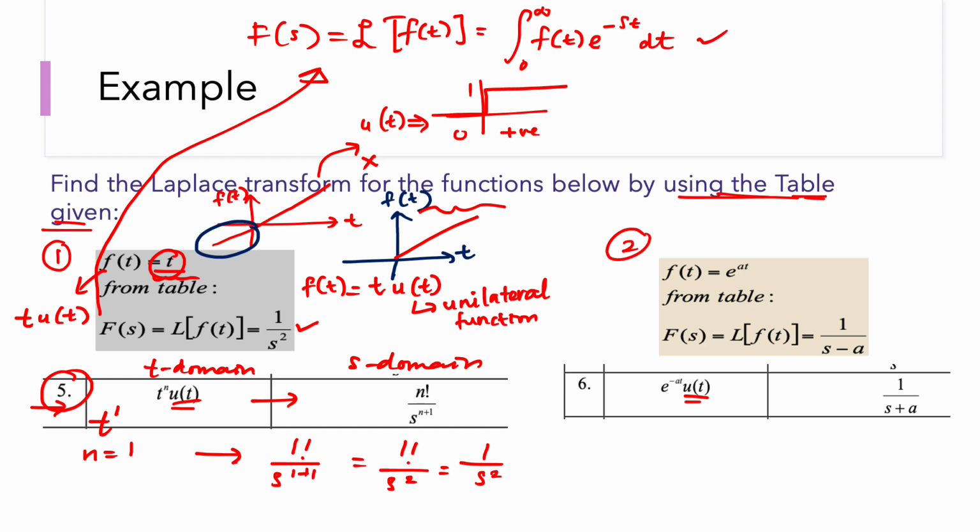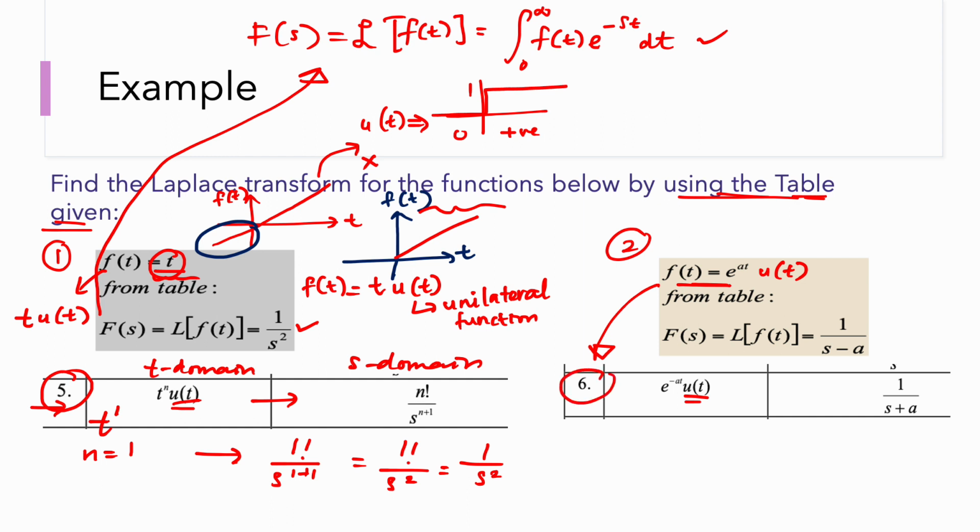Another equation, f(t) is equal to exponential at. Same as before, we will multiply with u(t) because we will only consider it from the positive side. So we multiply with the unit step, exponential at u(t), and we need to refer to the table to see which one is similar.